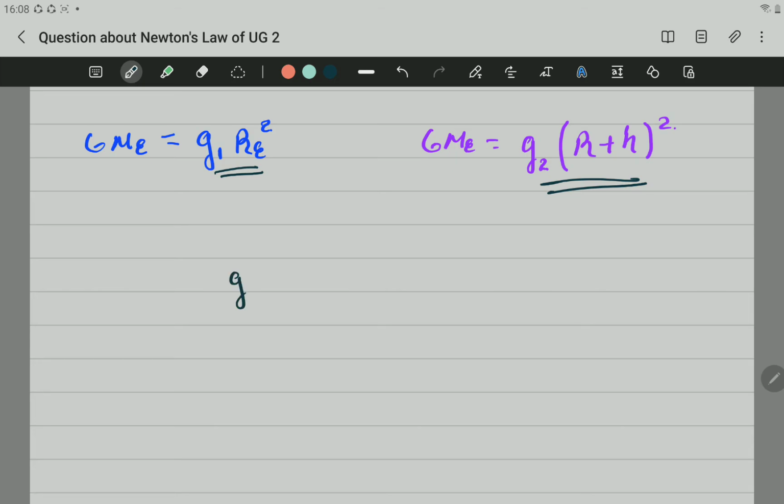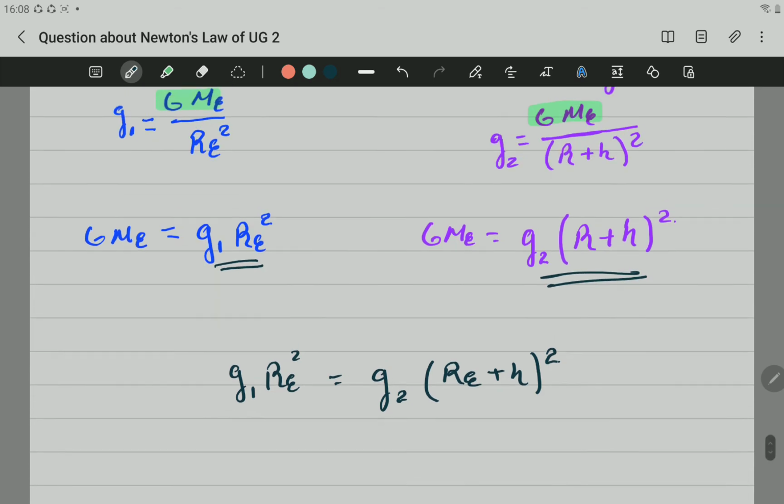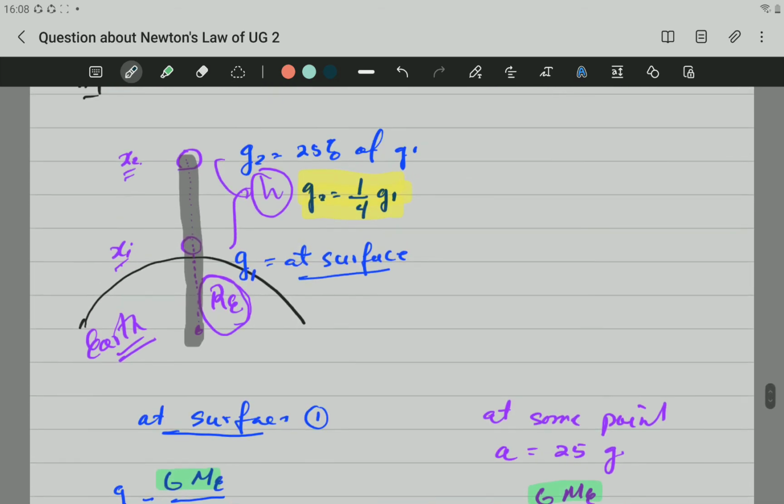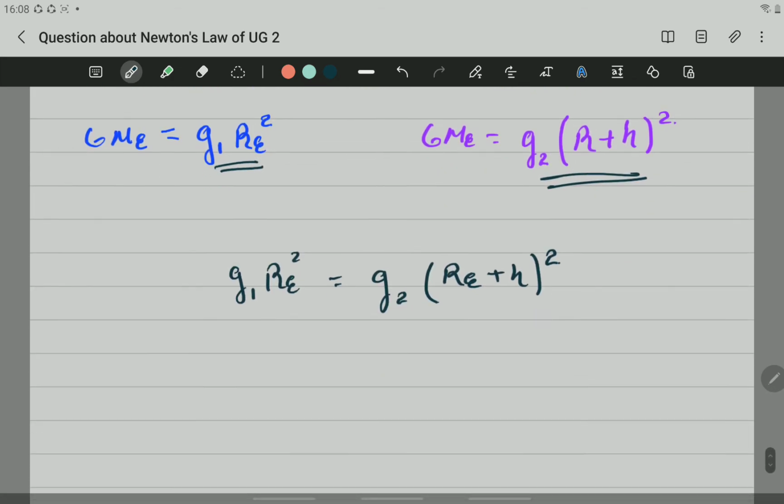So the acceleration due to gravity at the surface of the Earth multiplied by the radius of the Earth to the power 2 is equal to the acceleration due to gravity at a certain point multiplied by the radius of the Earth plus a certain height, everything to the power 2. But remember, the acceleration at a certain height is going to be 1/4 of the acceleration at the surface.